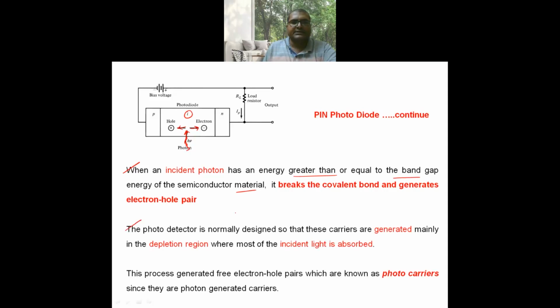The photodetector is normally designed so that these carriers are generated mainly in the depletion region, where most of the incident light is absorbed. The generated free electron-hole pairs are known as photocarriers, since they are photon-generated carriers.